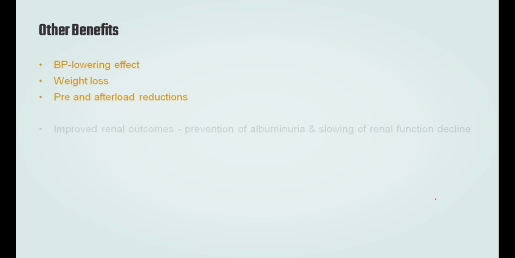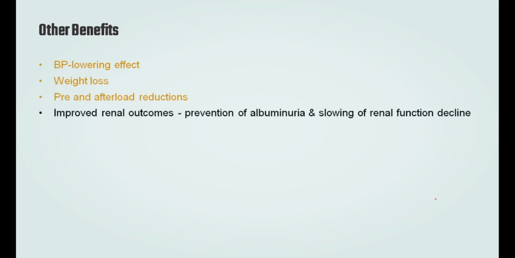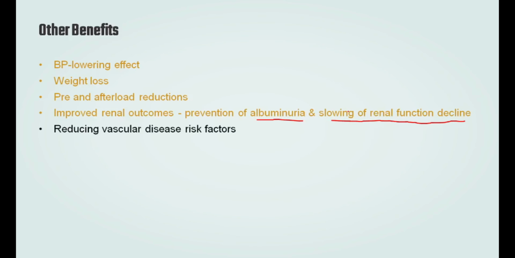So it was seen that there is BP lowering effect, weight loss, preload and afterload reduction, improved renal outcome, prevention of albuminuria, and slowing of renal function decline. So the decline of renal function is also slowed down by this type of drug.